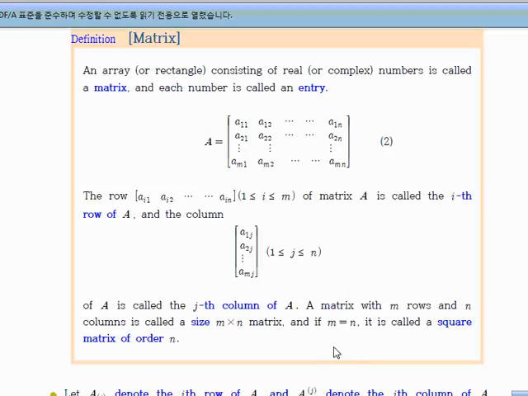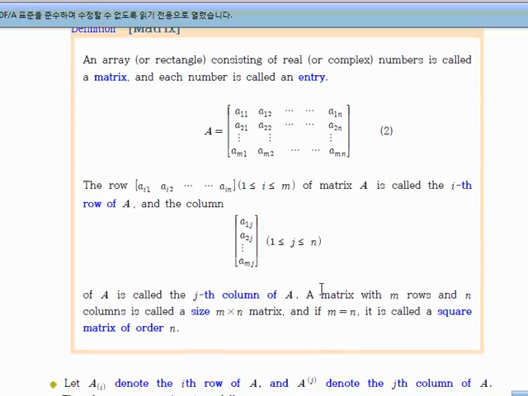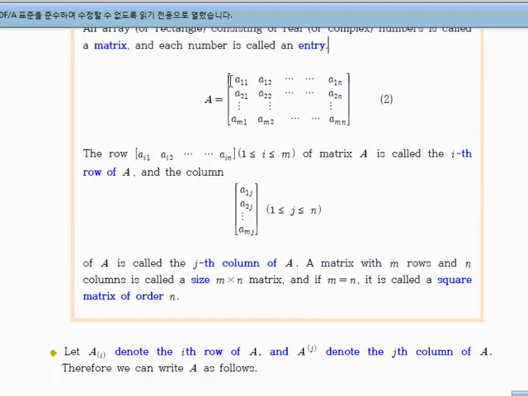Here's the definition of a matrix. An array consisting of real numbers is called a matrix, and each number is called an entry, like this. Rows and columns.